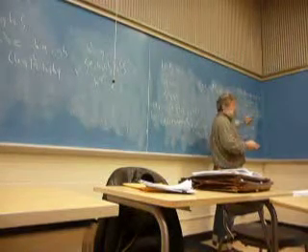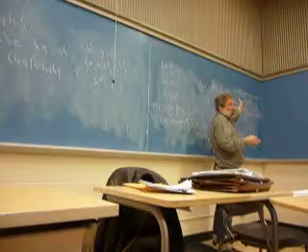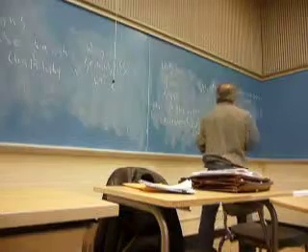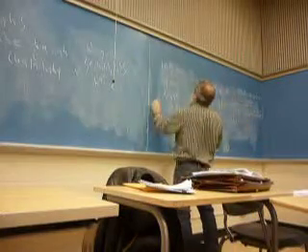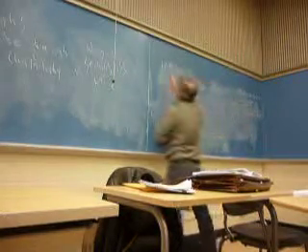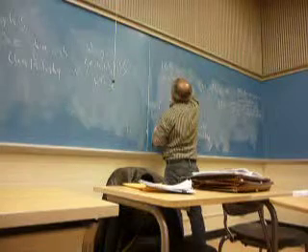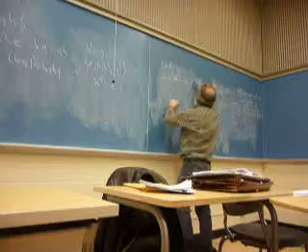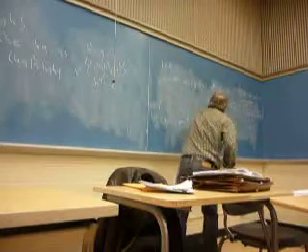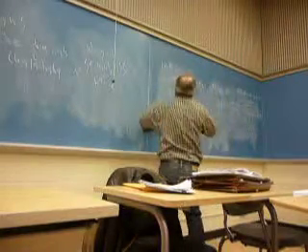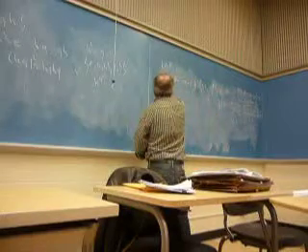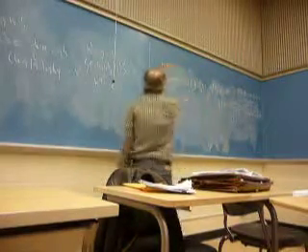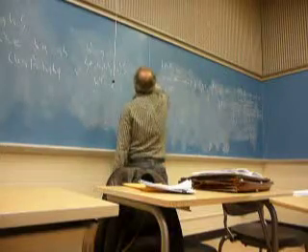Of course, in a group of size 6, there are elements of order 3, no problems. But this is not an interesting case. So I have an element a of order 3, which means that I know about 3 elements in my group. I have e, I have a, and I have a squared. And, of course, a cubed is identity.